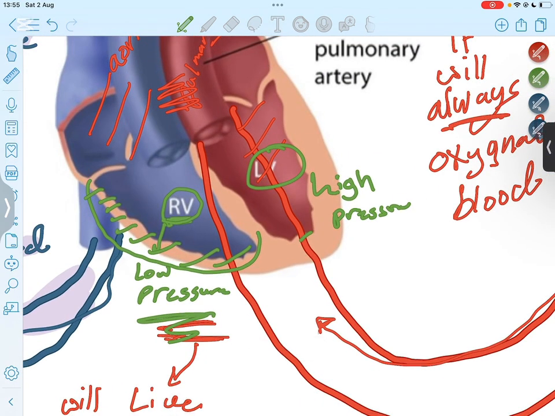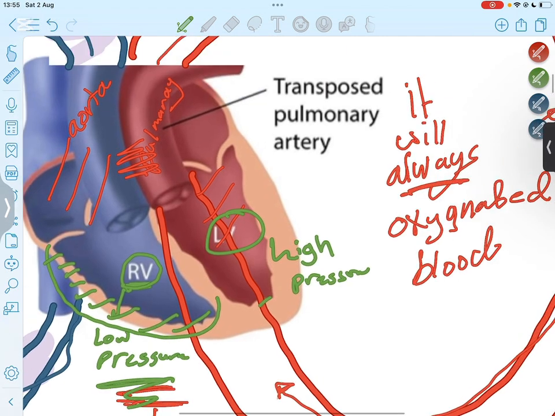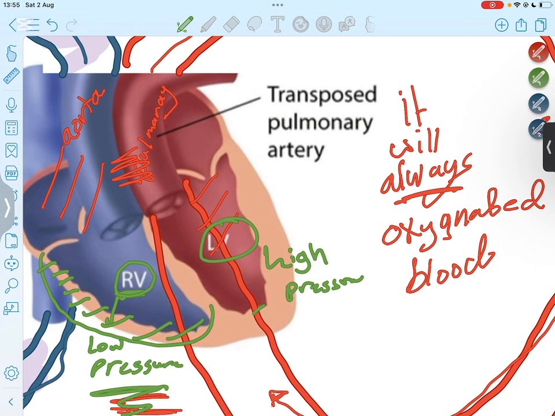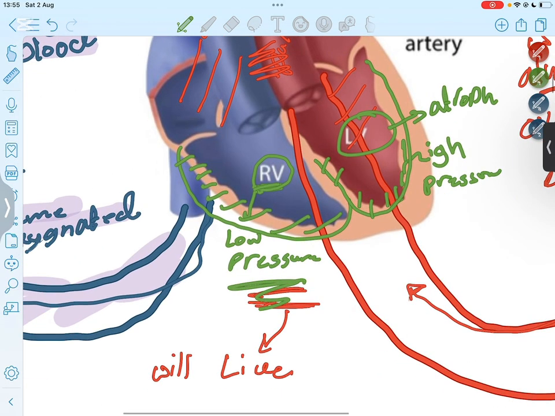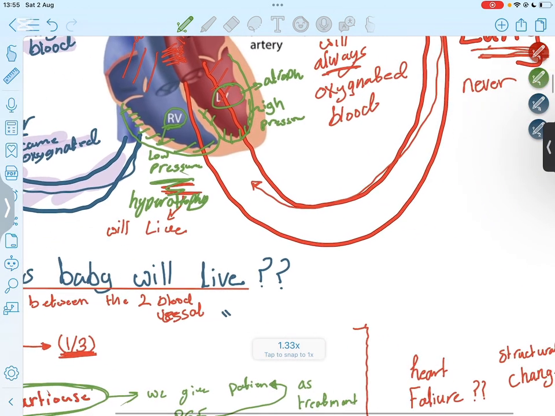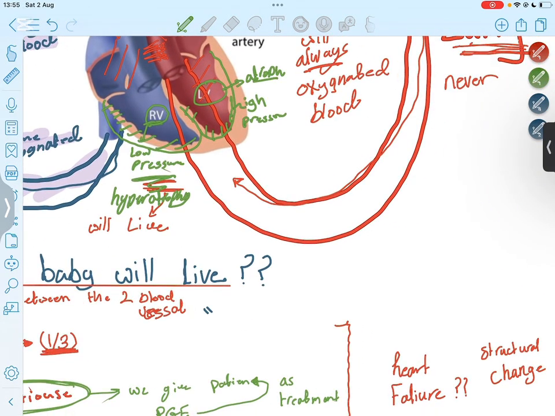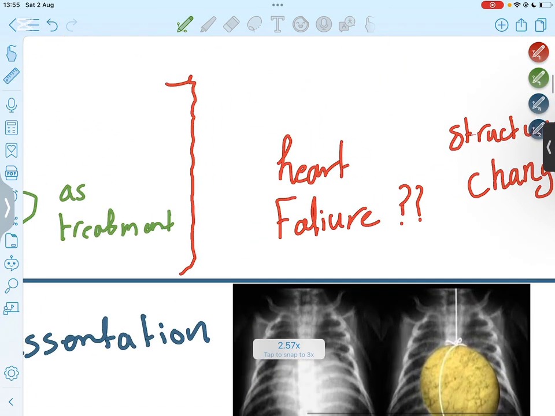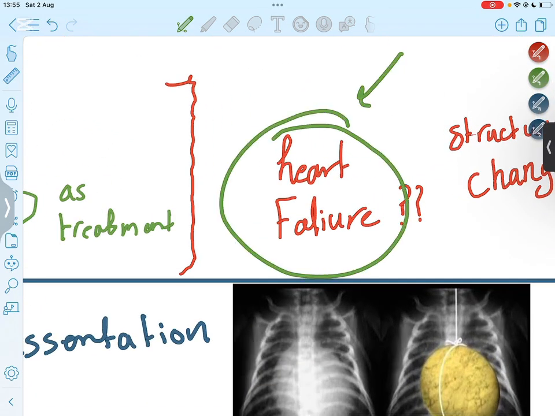And the left ventricle, which is designed for high pressure, because the pulmonary artery is there instead, will become atrophied, because the aorta is not there anymore. So the left ventricle will become atrophied and the right ventricle will become hypertrophied. When these structural changes happen in the heart, it will become heart failure.